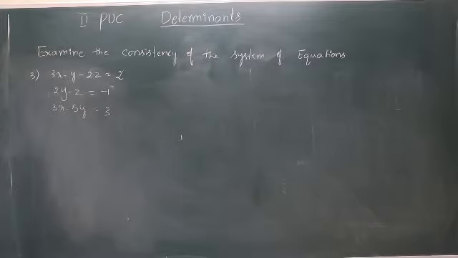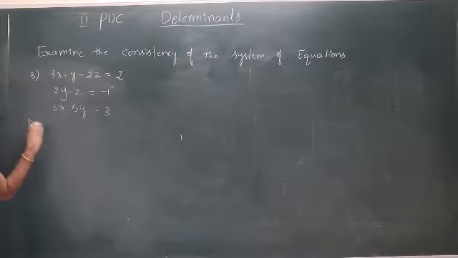Now we have to check the consistency of this system of equations. First we have to represent this as AX equal to B. Then we have to check whether it is consistent or not.